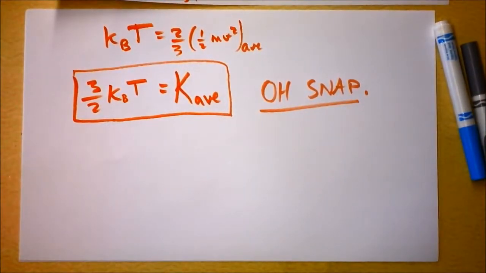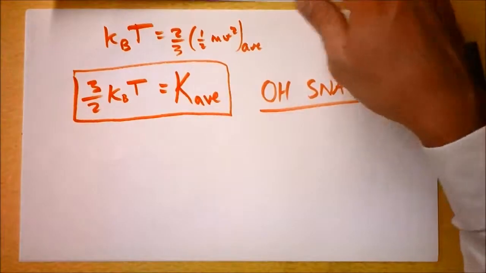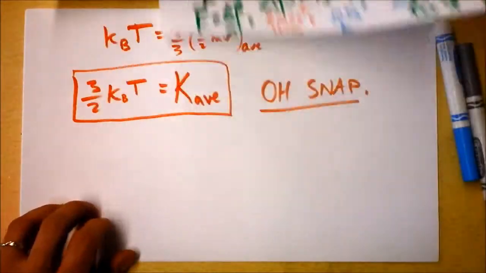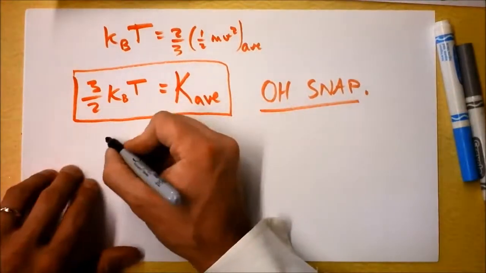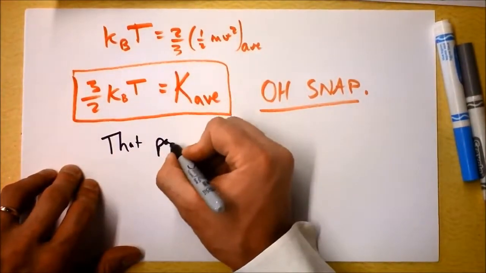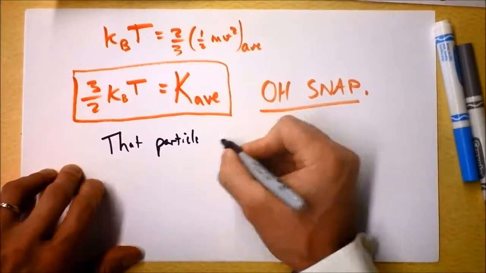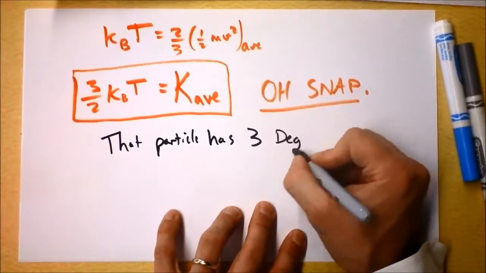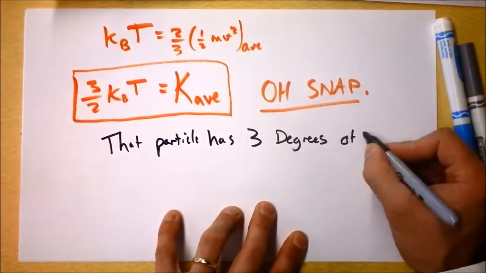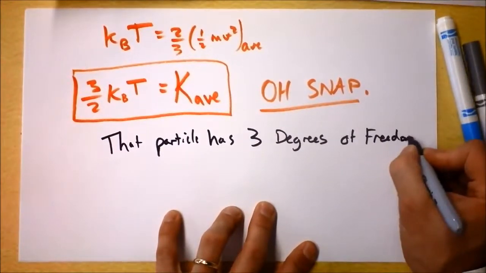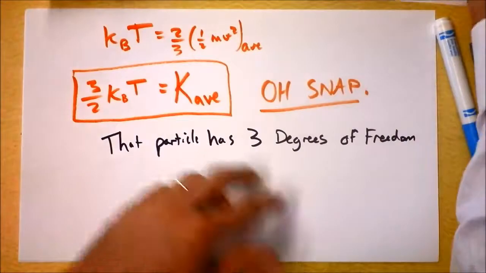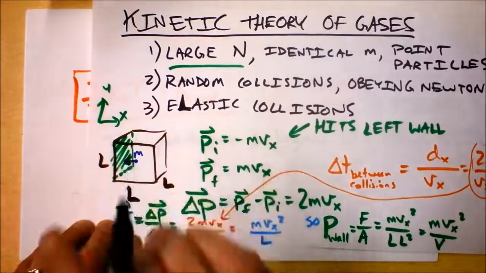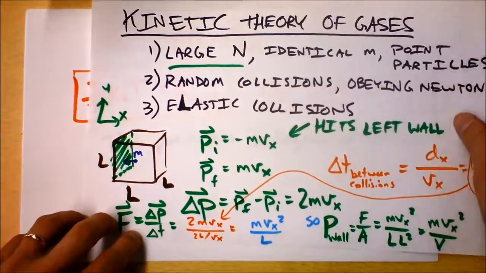And I also want to point out that this is for a particle in a 3-dimensional box. So I guess I could say that each particle in there has 3 degrees of freedom. Which means it can move as fast as it wants in the up and down, as fast as it wants in the over, and as fast as it wants in the forward back direction.